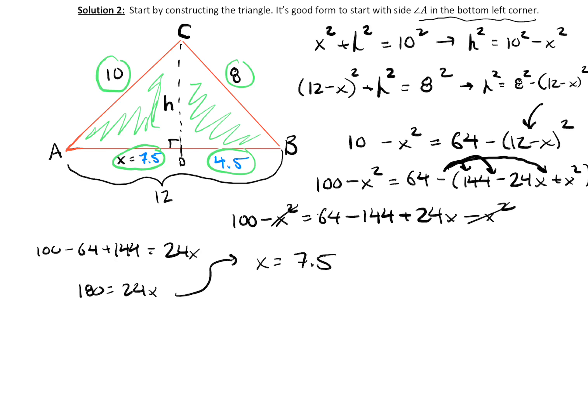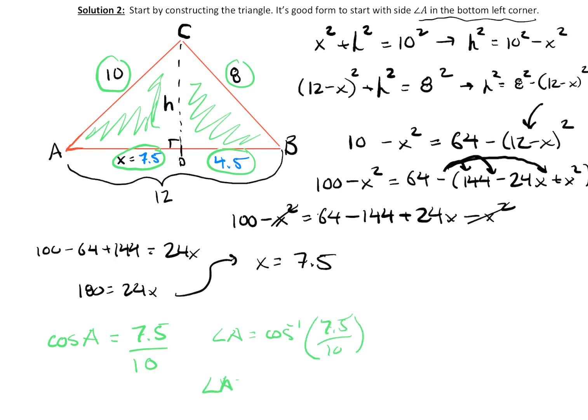Right? So let's do angle A. So cos angle A is equal to adjacent, what we just found out, over my hypotenuse, which means that angle A is equal to the inverse cos of that.